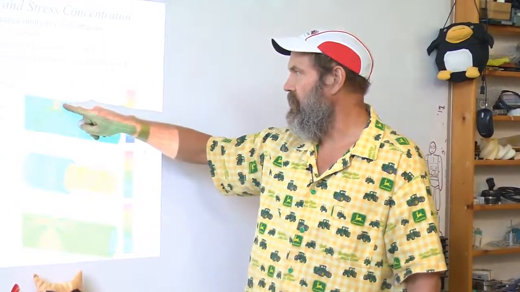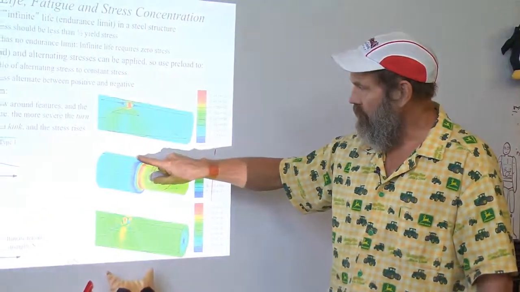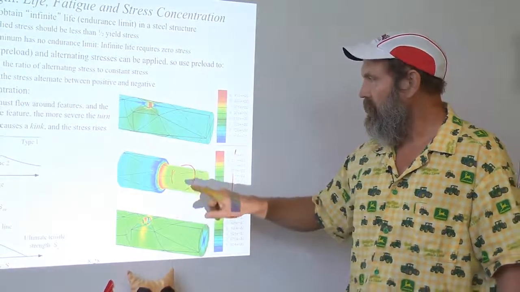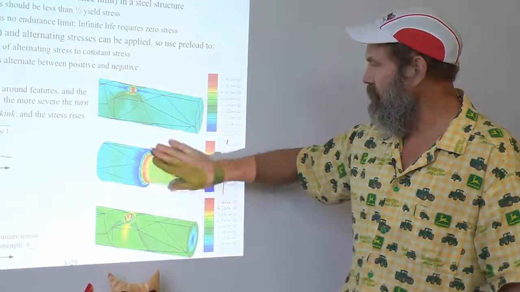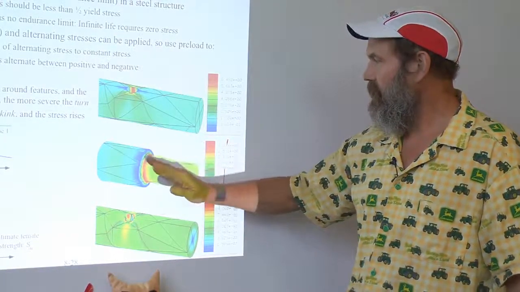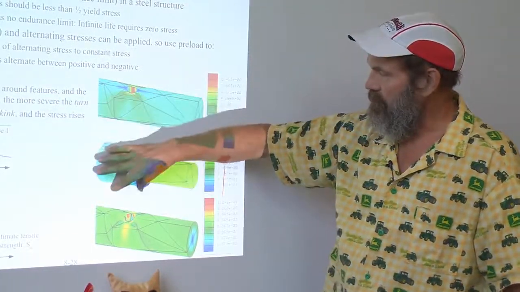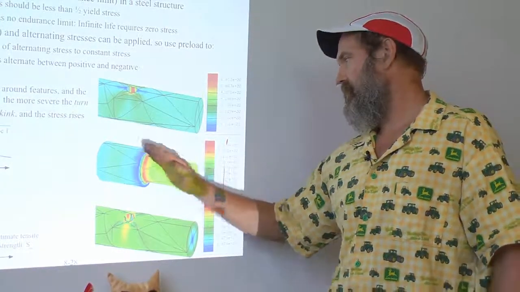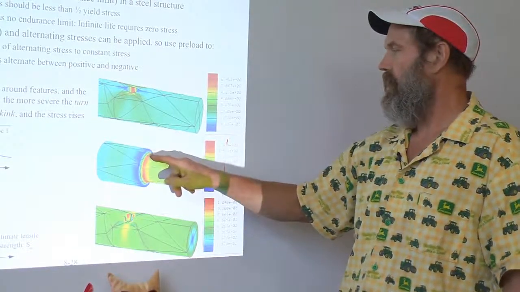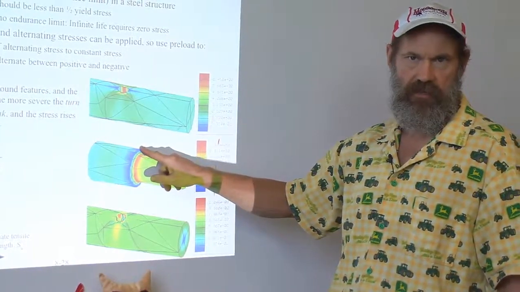Where people get into trouble most often is with stress concentrations. These are the regions around holes or changes in dimension where the stress is amplified, as the stress is flowing through the structure. The more suddenly the stress lines have to change direction, the higher the localized stress concentration can be.